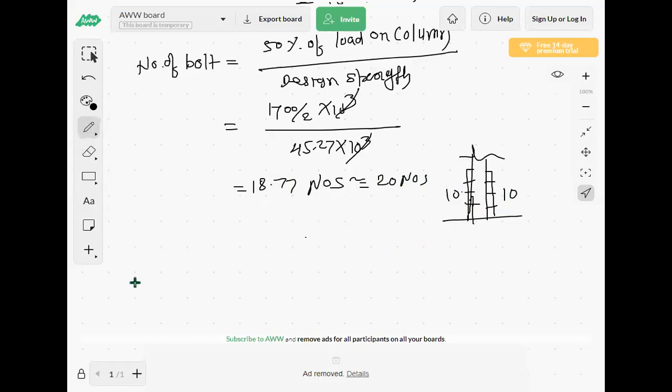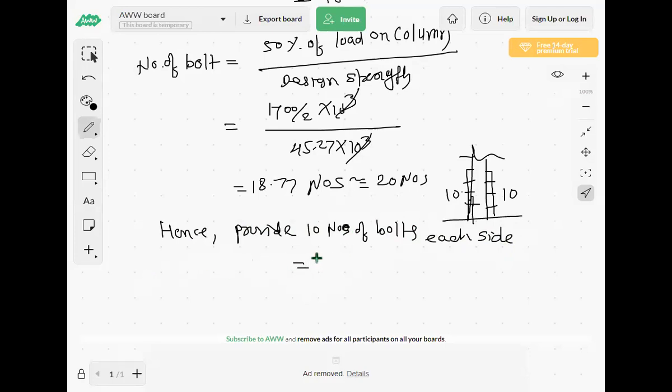So here write down, hence provide 10 number of bolts on each side.